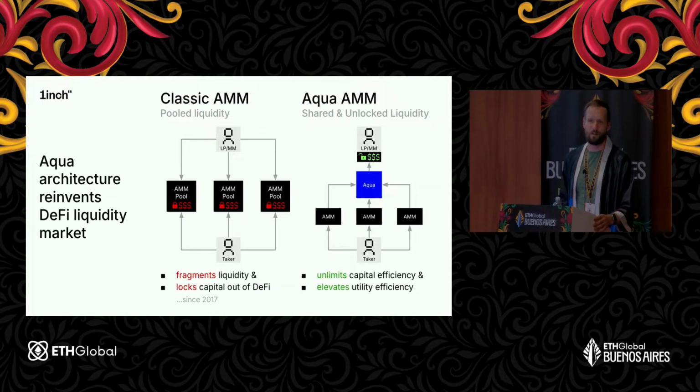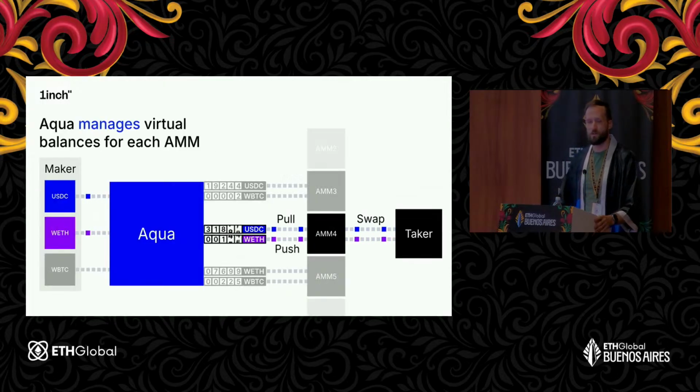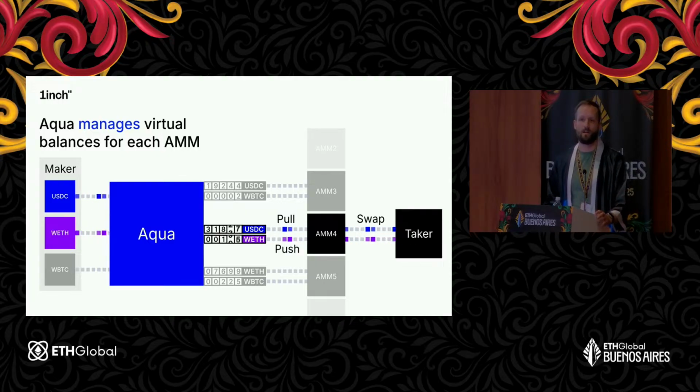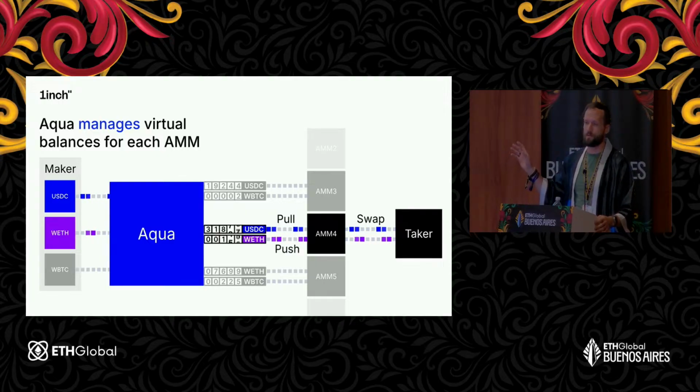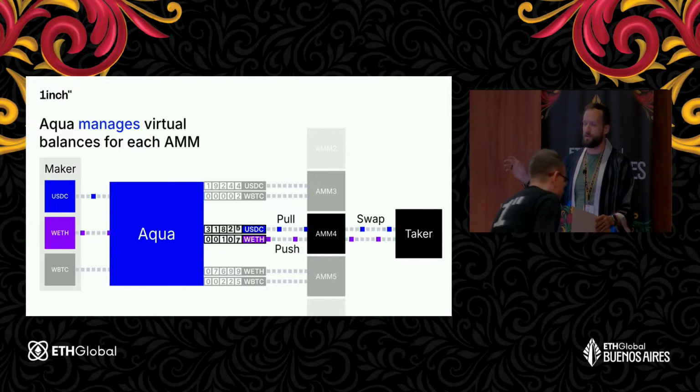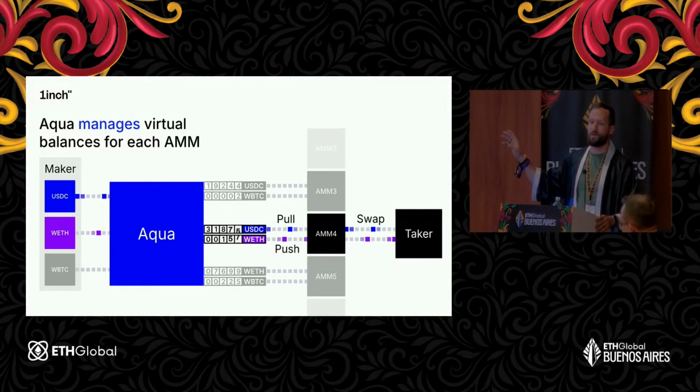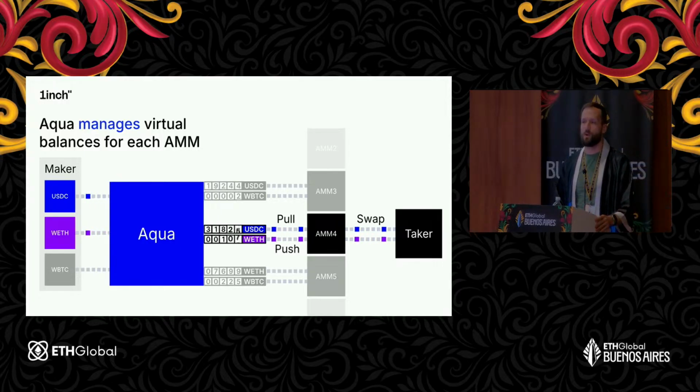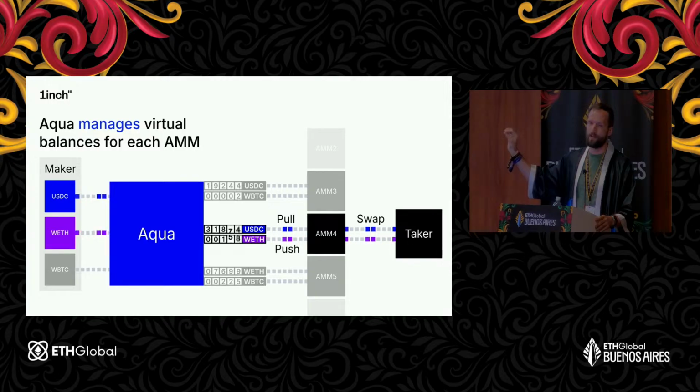I have more slides about this. So how exactly does Aqua work? I have a very nice visualization here, which our art director drew for me. You can see that the Maker has some assets in their wallet, and the Maker can also define virtual balances per strategy. These virtual balances are stored inside of Aqua.